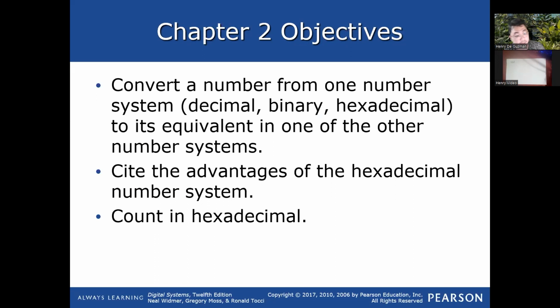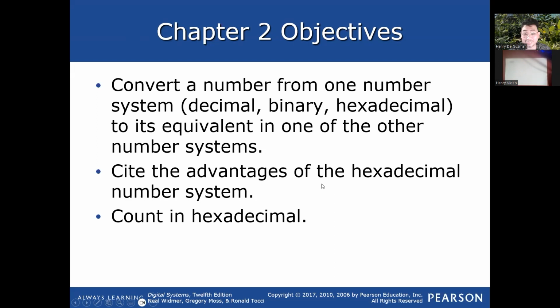So these are the objectives of our lesson today. Convert the number from one number system, decimal, binary, hexadecimal, and vice versa, to its equivalent in one of the other number systems. Then cite the advantages of the hexadecimal number system, and count in hexadecimal.